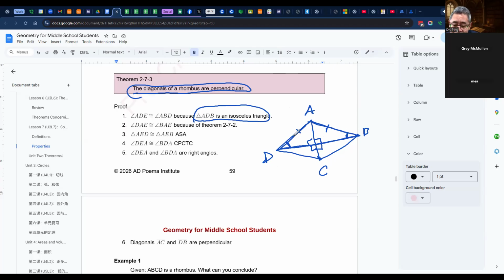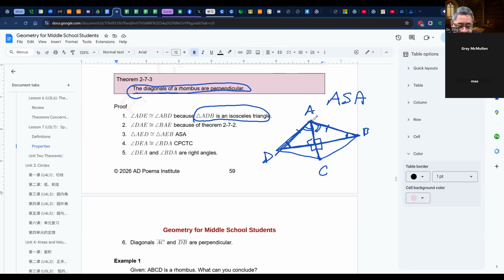And we also, based on the previous theorem, know this diagonal will bisect the angle A. So this is congruent to that. And we know this side is congruent to that. We remember triangle congruency: we got angle, side, angle. So therefore, those two triangles are congruent.